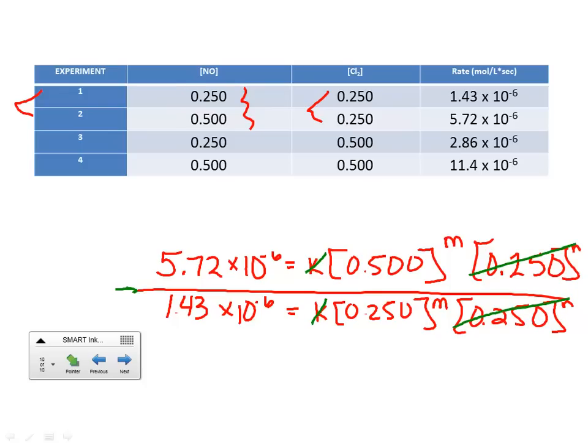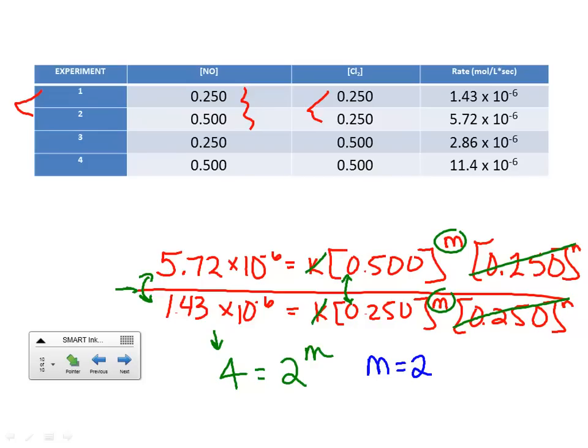And what that leaves us is a ratio between our reaction rates and a ratio between our concentrations, all raised to a power. If you simplify this down, you get 4 equals 2 to the M. And then it's easy to see that our M in this case equals 2.